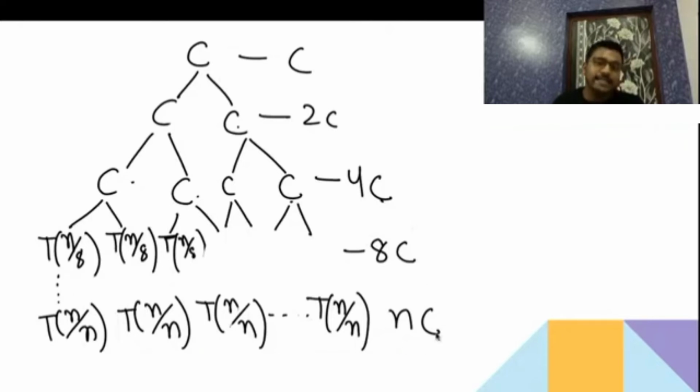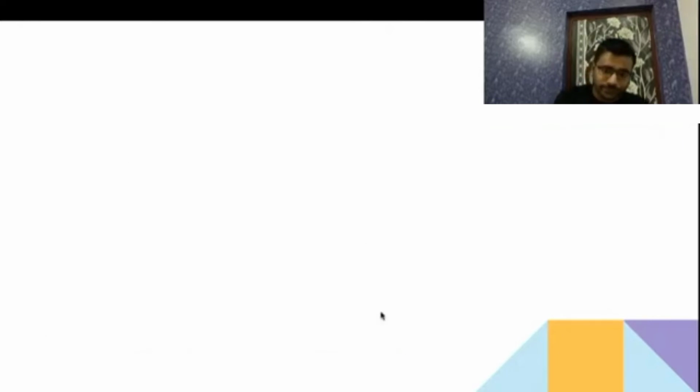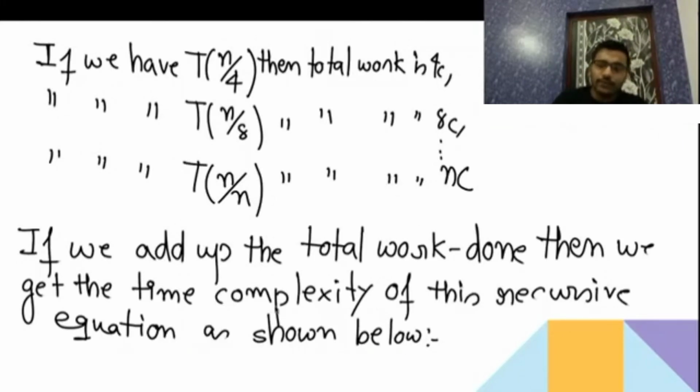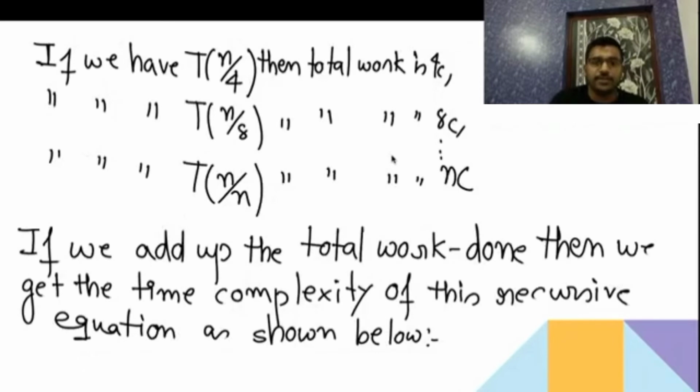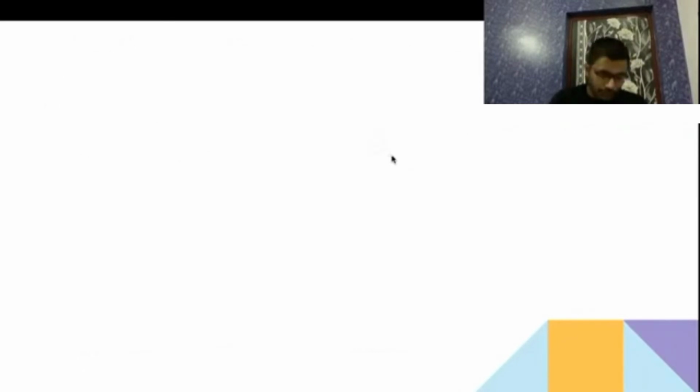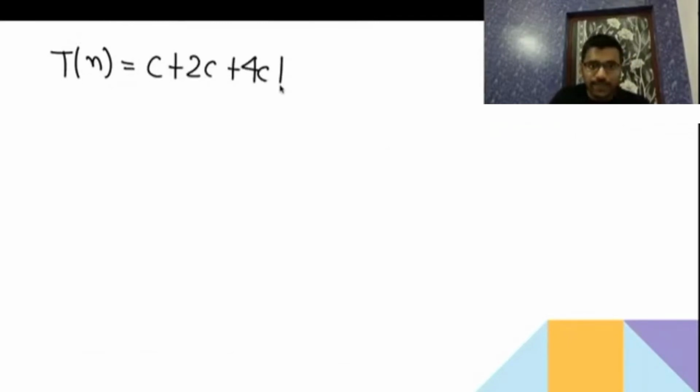Similarly here nc. Now if we add all these things, we are going to get the time complexity of this recursive equation. So now write Tn is equal to, understood Madhura? So Tn is equal to c plus 2c plus 4c plus 8c plus nc.